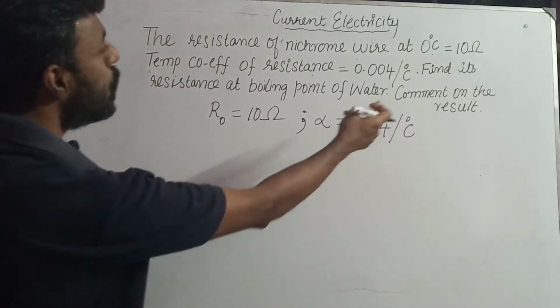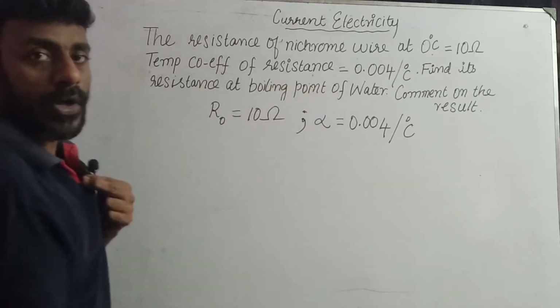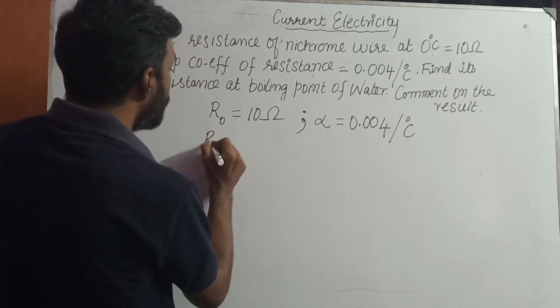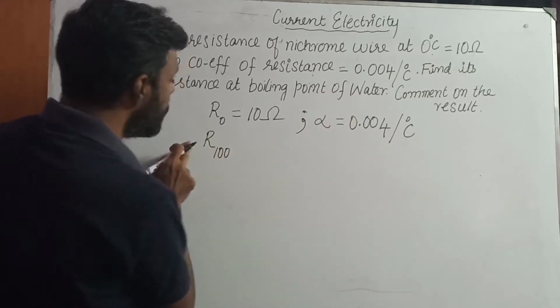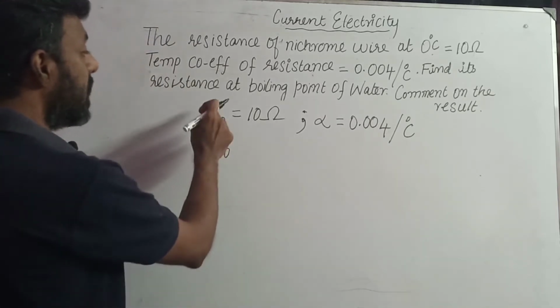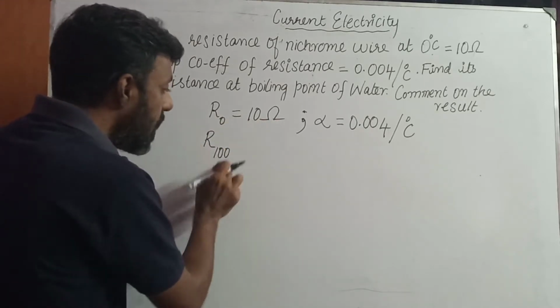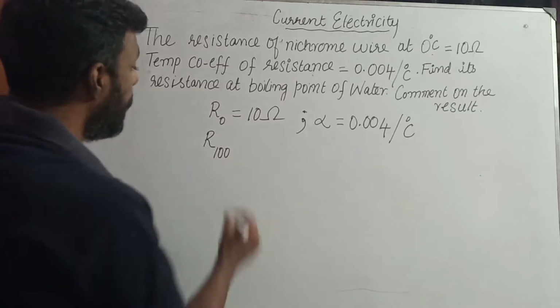Now they are asking you to find the resistance at the boiling point of water, which is 100 degrees Celsius. So R100, the resistance at 100 degrees Celsius, is what we are supposed to find out.